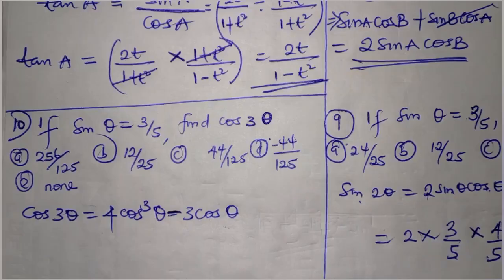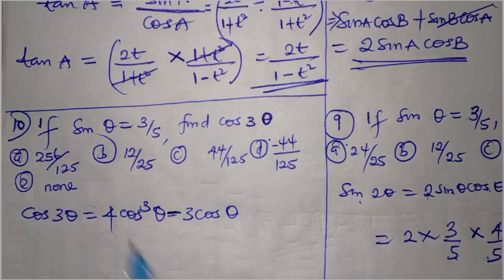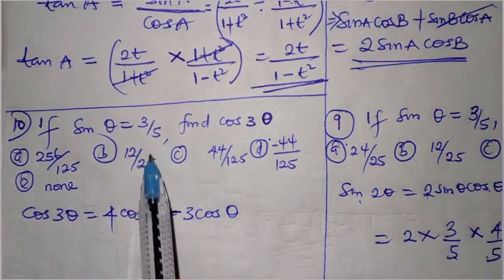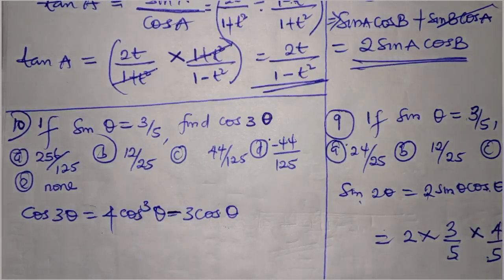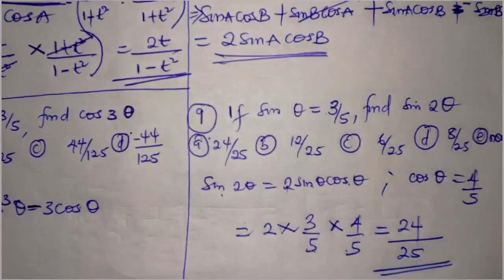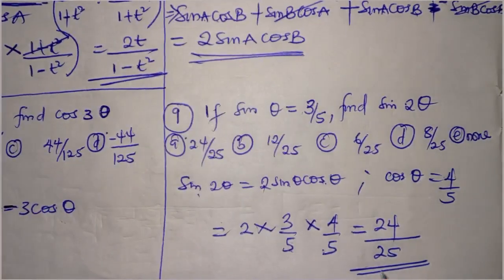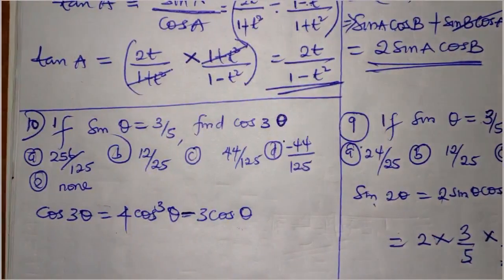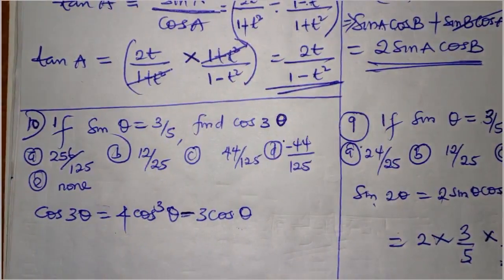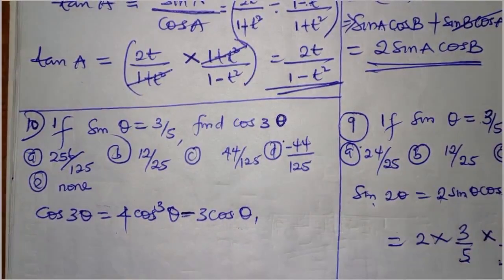This is what cos 3 theta is in terms of cosine terms. The question only gave sine theta, so we must get cos theta. But we solved that in question 9 and got cos theta as 4 over 5. So we can just use it here, because it is still sine theta equal to 3 over 5.